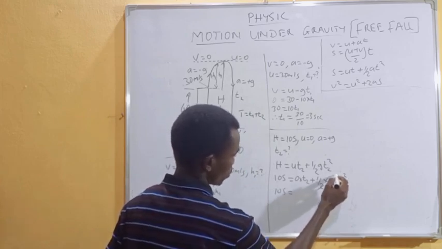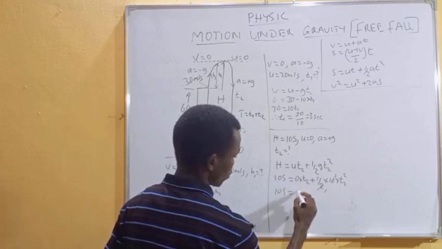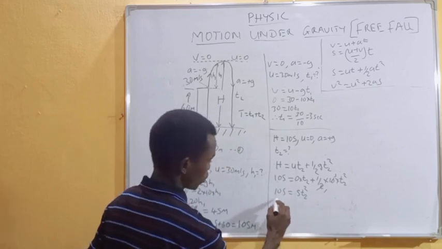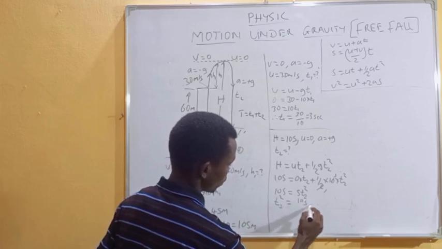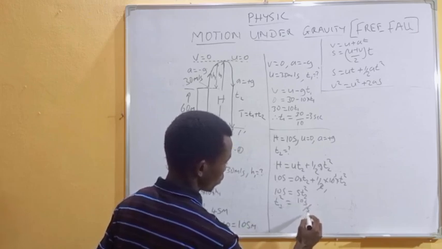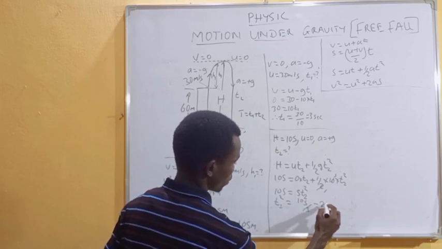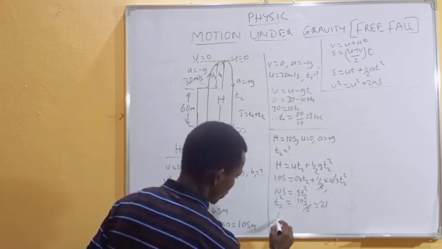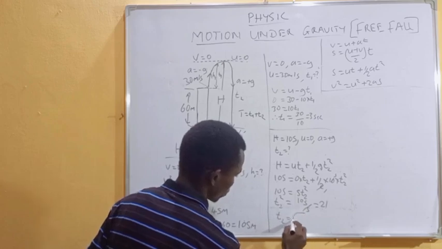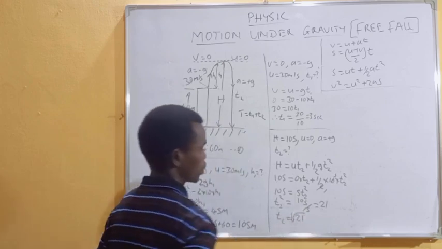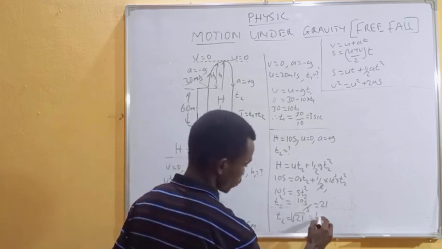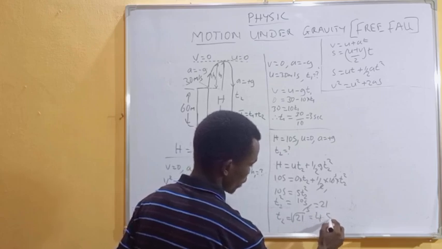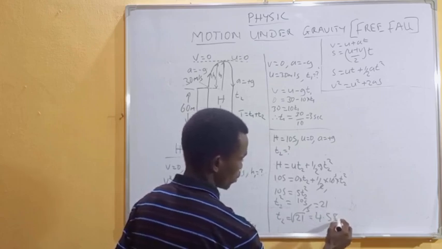Here we have 1, here we have 5. It becomes 5 T2 squared. Therefore, T2 squared is equal to 105 divided by 5. It becomes 21. Therefore, T2 is equal to root 21, which is equal to 4.58 seconds.